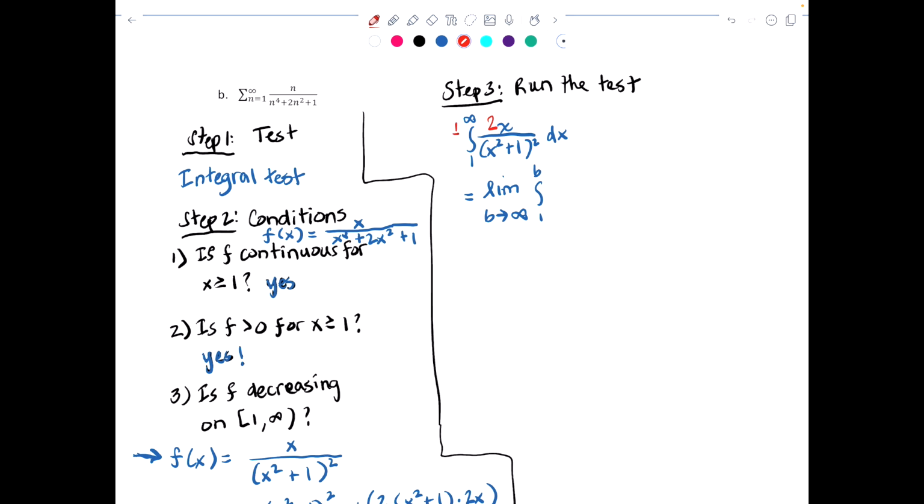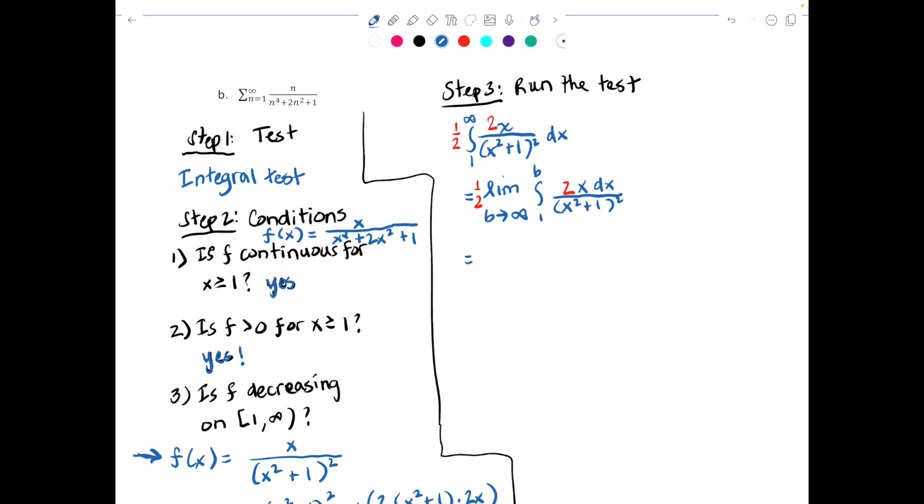And so we'll multiply by 1/2. We can take it outside that limit. And then we'll have our 2x dx over x squared plus 1 squared.